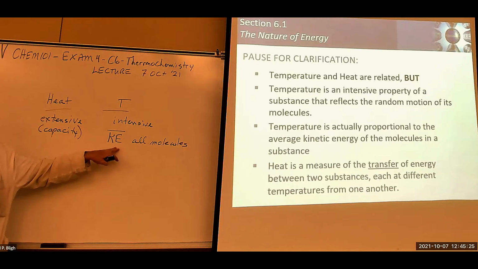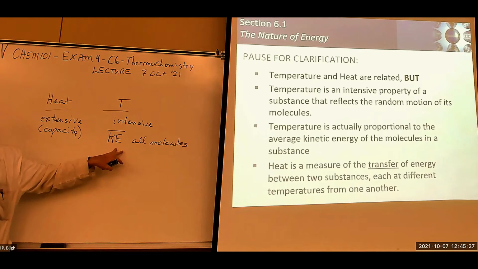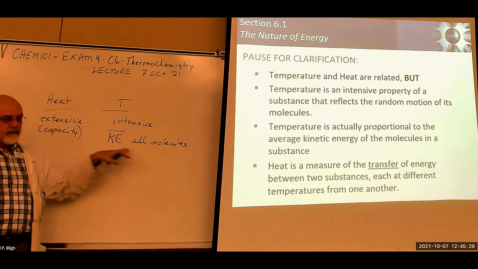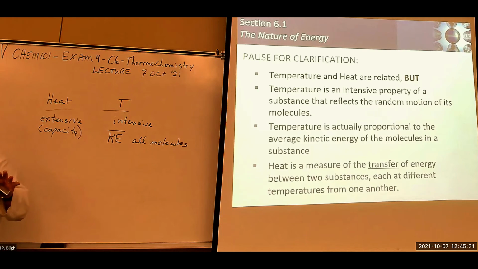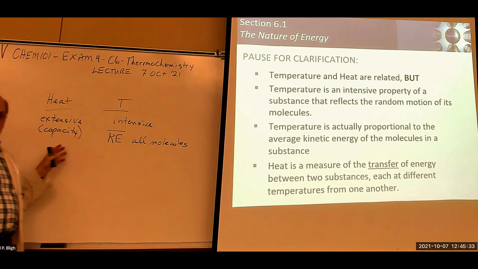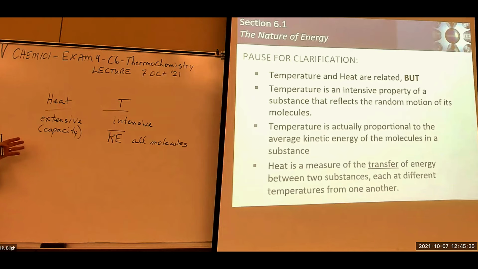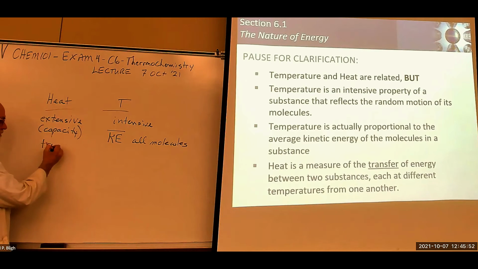It's not giving it to you in joules, but the temperature is related to the average kinetic energy of all the molecules. Whereas heat is not measured as a state, a present state. It's measured as a transfer of energy between two objects. So this is based upon the transfer.